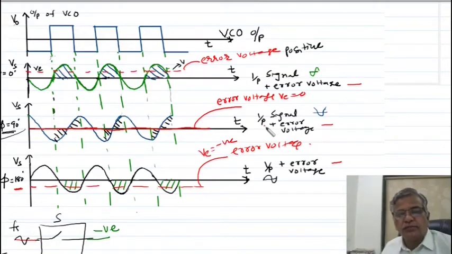So, for a perfect lock, the phase of the output of the VCO should be 90 degrees with the phase of the input signal Fs. Now, let us do the analysis of the phase detector.